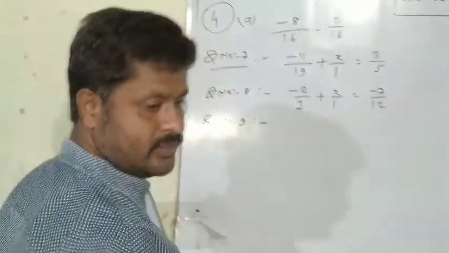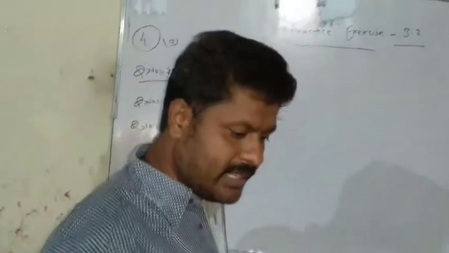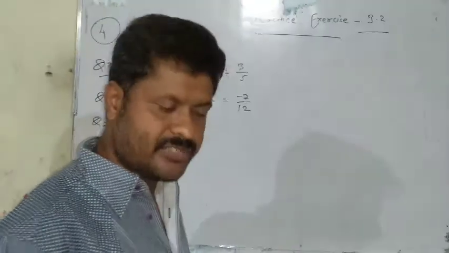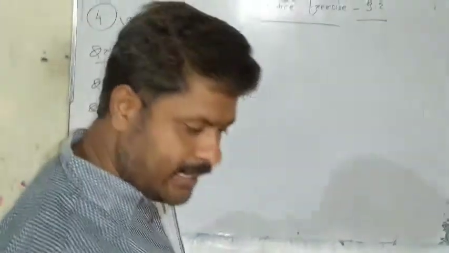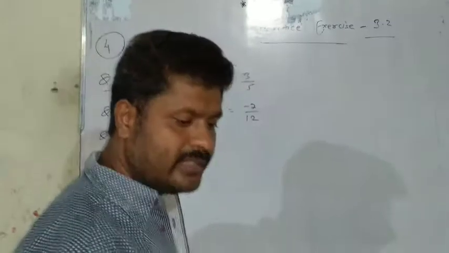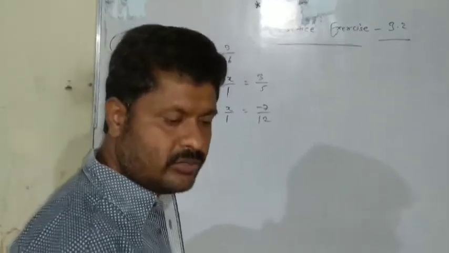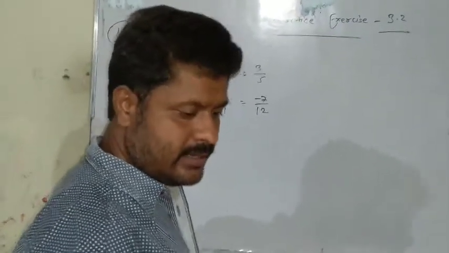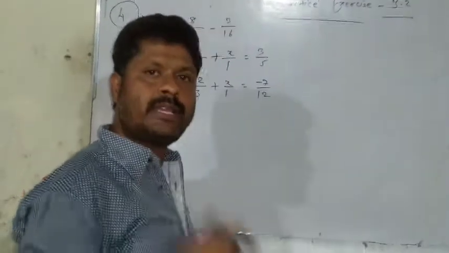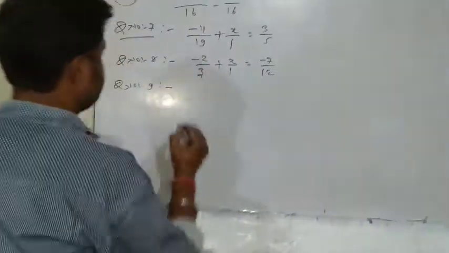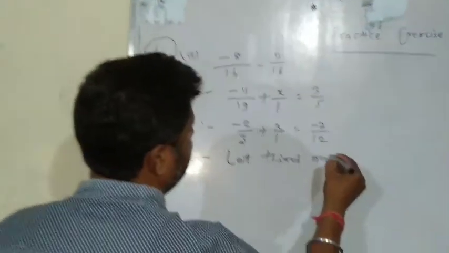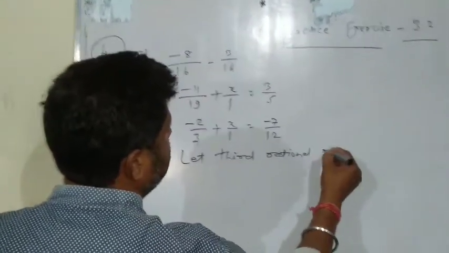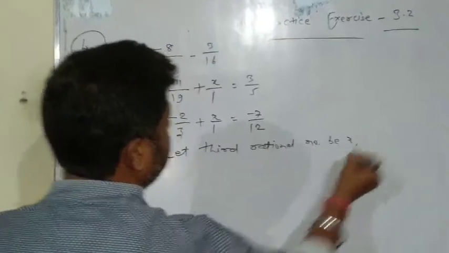Question number 9. The sum of three rational numbers is 15 by 16. If two of the rational numbers are minus 7 by 8 and 3 by 4, find the third rational number. This is also a very easy question. Suppose the third rational number be x.